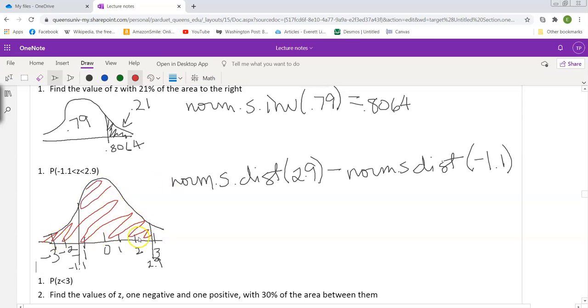When I subtract out NORM.S.DIST of negative 1.1, I am subtracting out everything to the left of negative 1.1. So I'm subtracting out this whole area here, so that what I'm left with is the area in between.